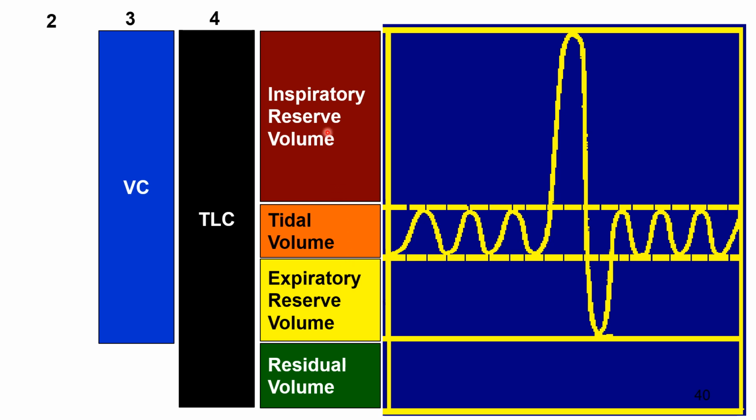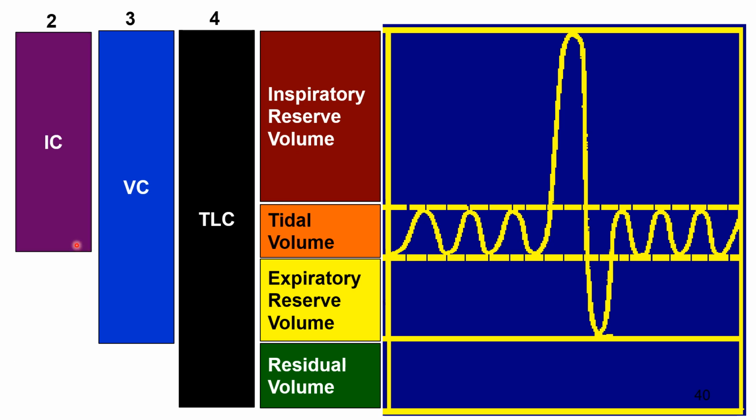If we combine the upper two, which is inspiratory reserve volume and tidal volume, that is inspiratory capacity. And when we combine the lower two, which is ERV and RV, that is functional residual capacity. So I want you to pause, memorize, and resume once you memorize this figure.